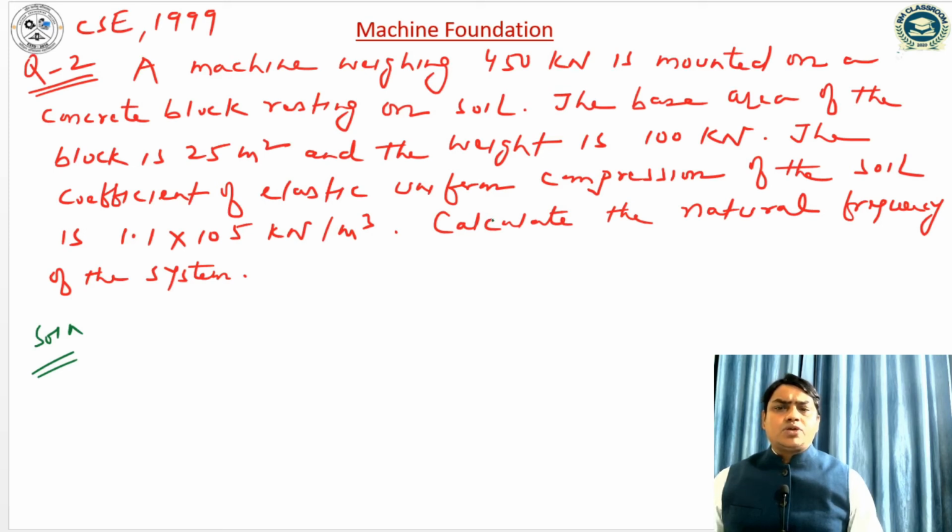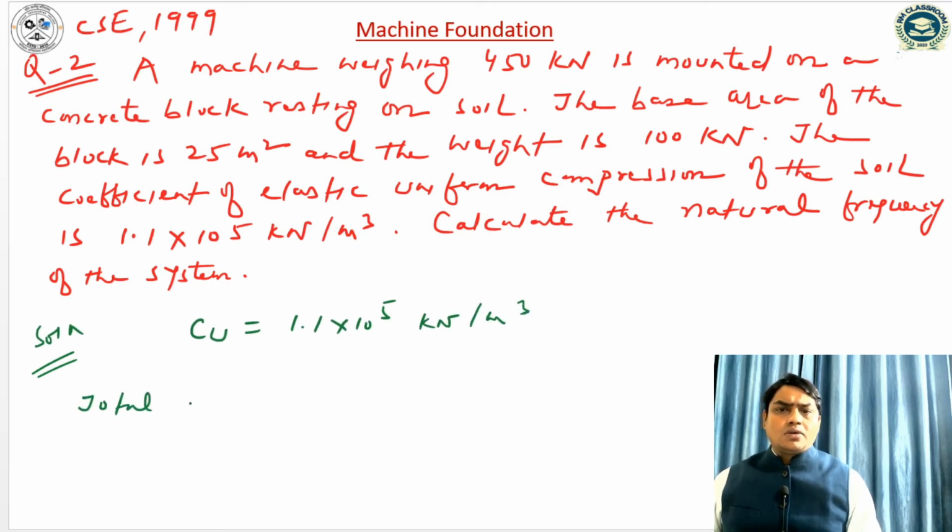Calculate the natural frequency of the system. This is the case of vertical vibration, in which Cu is given as 1.1 into 10 to the power 5 kilonewton per meter cube.